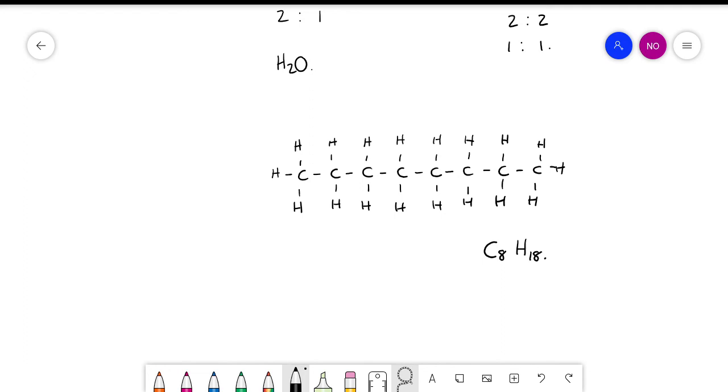Okay. Daai is 'n octaan molecule. You guys don't need to know that yet, okay? That is the chemical formula of that molecule. Stem julle saam? Nee, julle kan gaan tel. Hy het 8 koolstowwe, 18 waterstowwe. What would the empirical formula of that be?